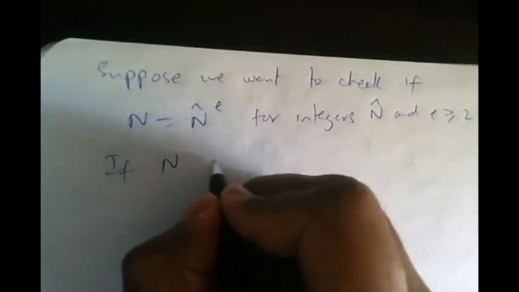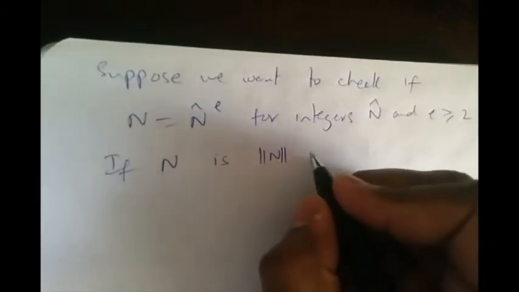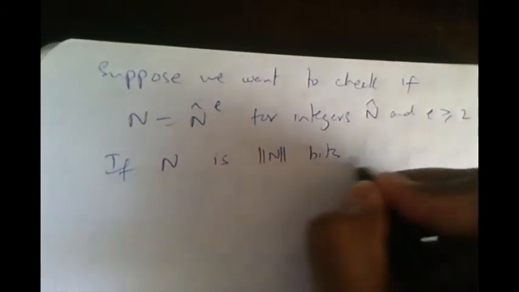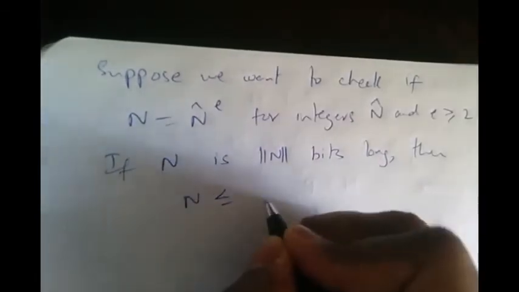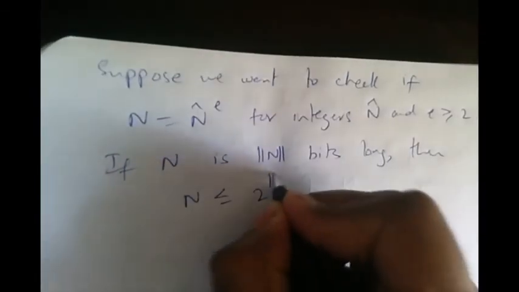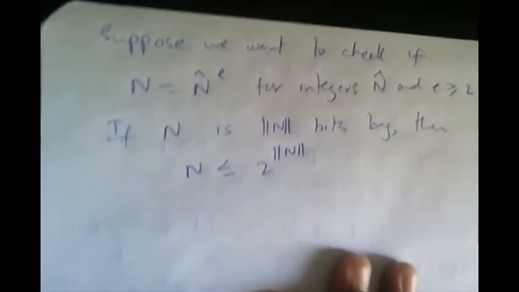Now if n is ||n|| bits long, then n is less than or equal to 2 raised to ||n||. It should be strictly less than, but this is okay.